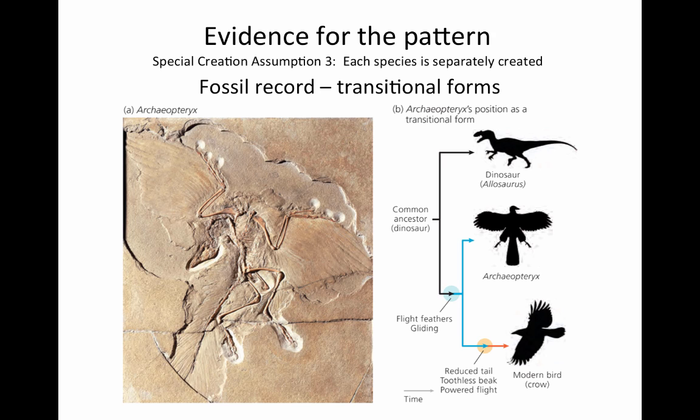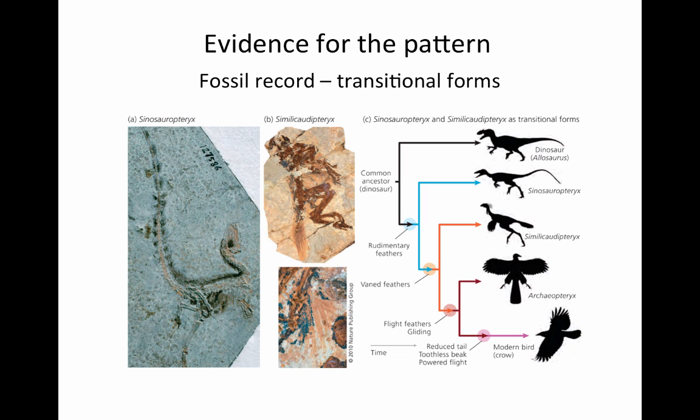And we now know that this is one of the early branches of the clade that led to birds. Since then, we've found many other fossils of feathered dinosaurs, and we see that Archaeopteryx is just one in this whole family of transitional forms between the dinosaur ancestors and the bird descendants.